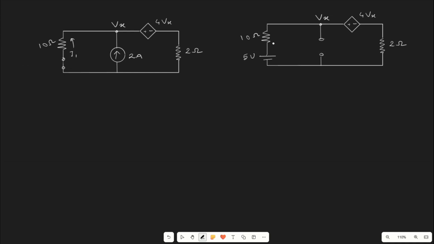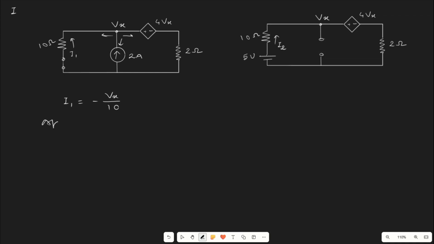Let us name it as I1 and I2, and consider the overall current to be I. As per nodal analysis, we already know the current moves in the outward direction. So the value of I1 will be minus of Vx by 10, right?